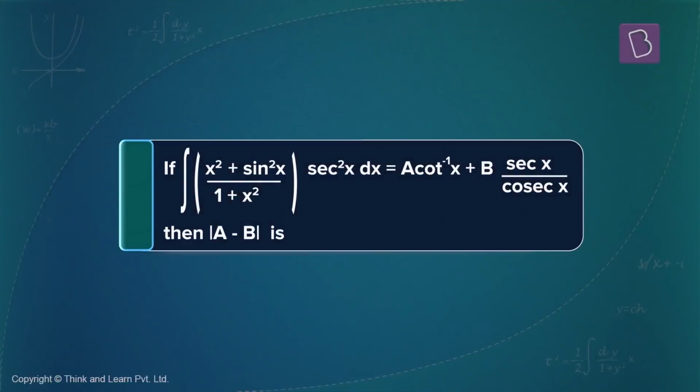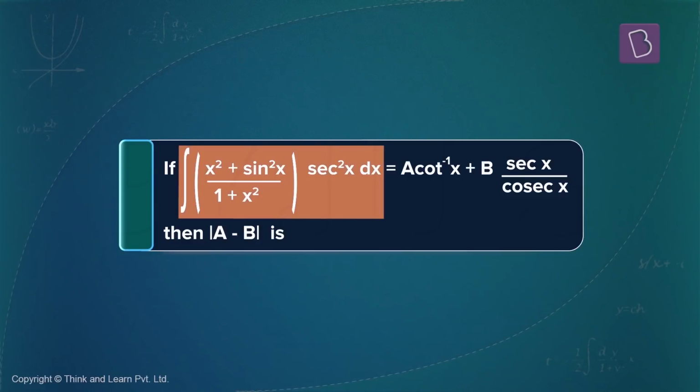Now in this first question, we've been given an integral and they've told that this integral is equal to something else. Now the answer is in terms of two constants a and b, and the objective is to find out the values of a and b and then find out what is mod of a minus b. So what's the integral that has been given to us?